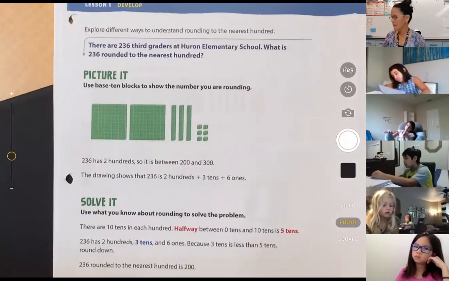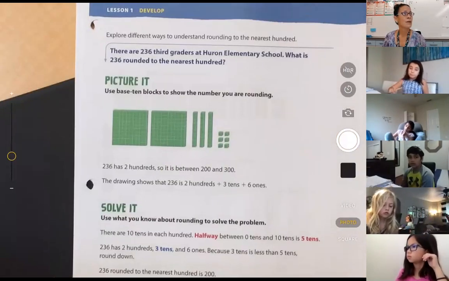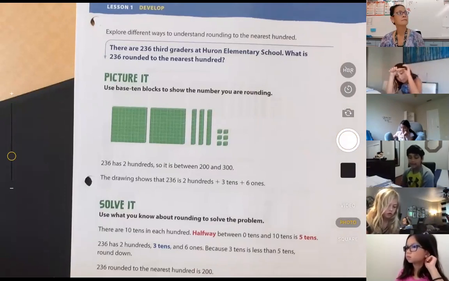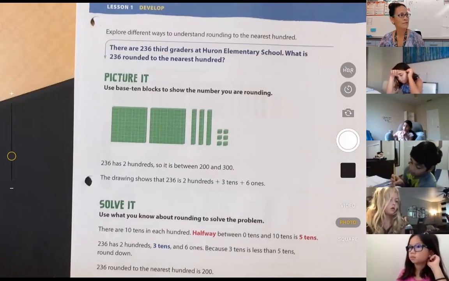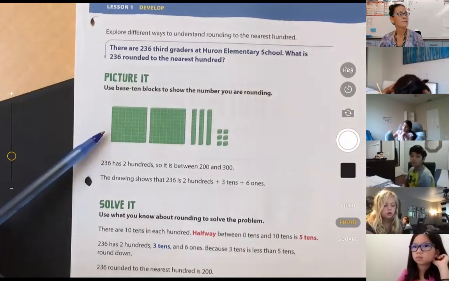If you take a look at the top of page 16, it's taking that same number, 236. It's asking you to picture it with base 10 blocks, which is what we just did. Certainly not in such a fancy, pretty way on page 15, but that's definitely what we did.